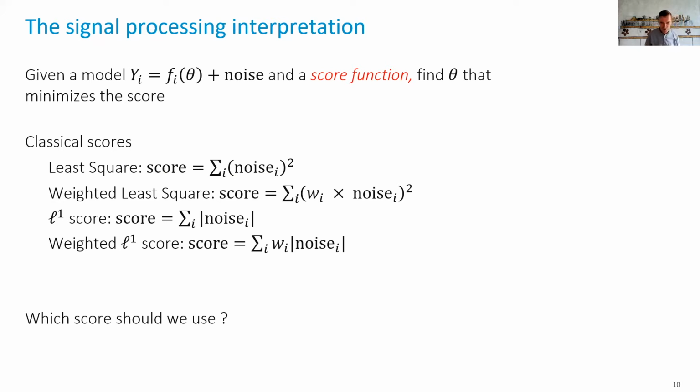We can also use, very often, weighted least square, and then the question is, what should the weights be? We can also use, instead of a quadratic error term, an L1 error term. Instead of squaring, we take the absolute value and we can weight them. Here are at least 4 very frequently used weights, the most frequently used weight being by far the first here. So what should we do and why?